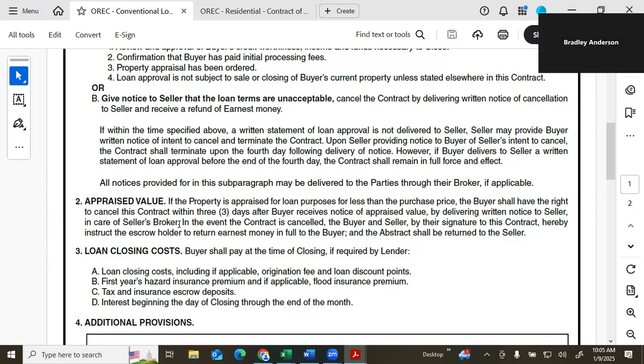In the event the contract is canceled, the buyer and seller, by their signature to this contract, hereby instruct the escrow holder to return the earnest money in full to the buyer, and the abstract shall be returned to the seller. Okay, so in other words, if the appraisal is less than the sales price, the deal could be over.